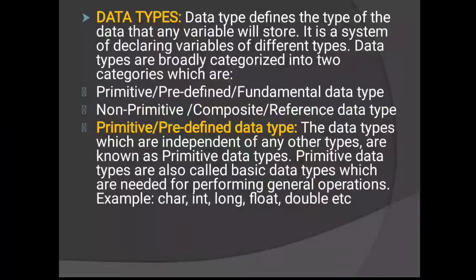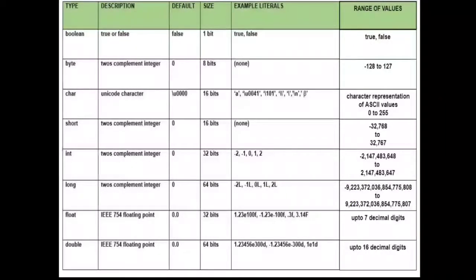Next we will proceed. Here I have made a table for all primitive data types. We use a total of 8 types of primitive data types in a Java program.